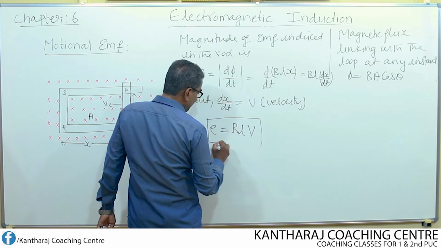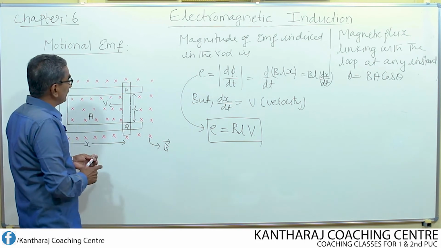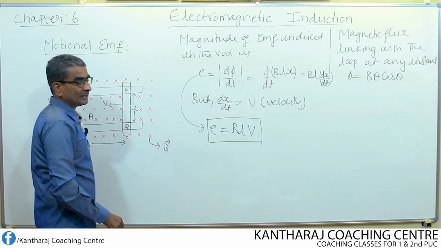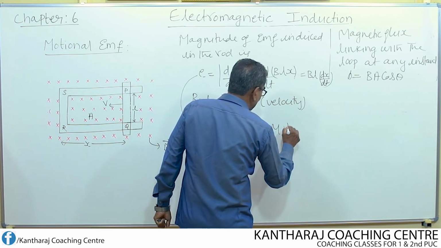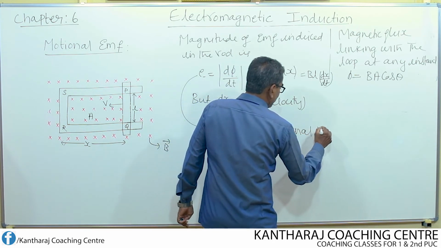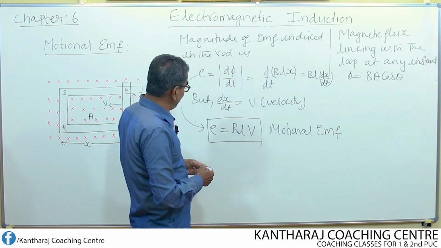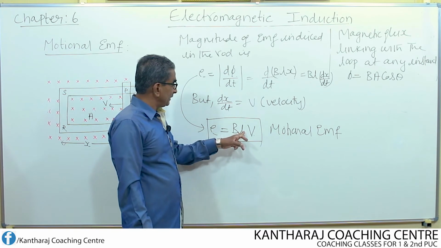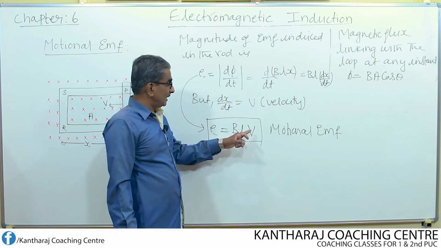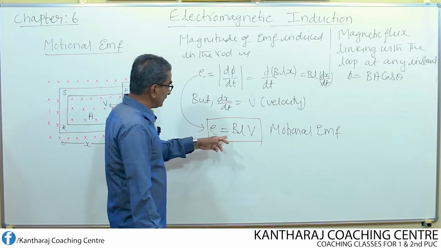This is the EMF induced in the rod, and this EMF is the motional EMF. From this it is clear that the motional EMF depends on the length of the loop, the velocity with which the rod is moved, and also the magnitude of the magnetic field.